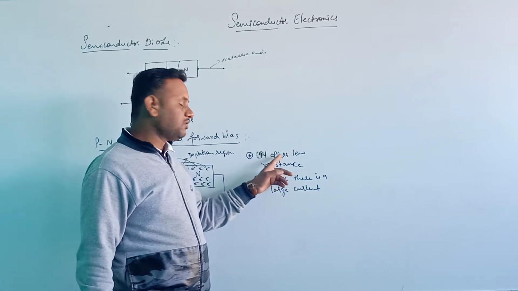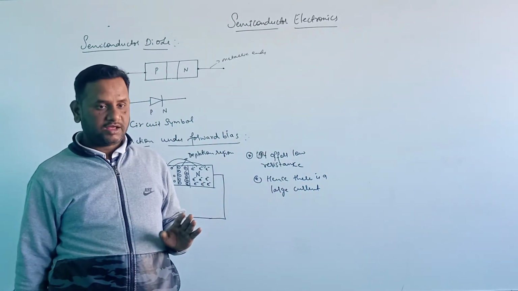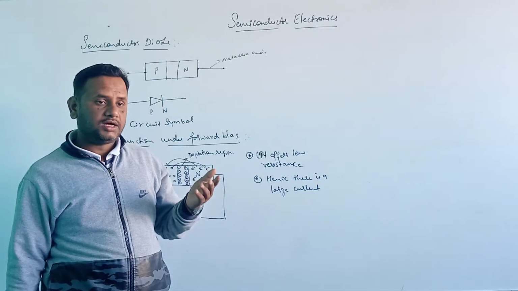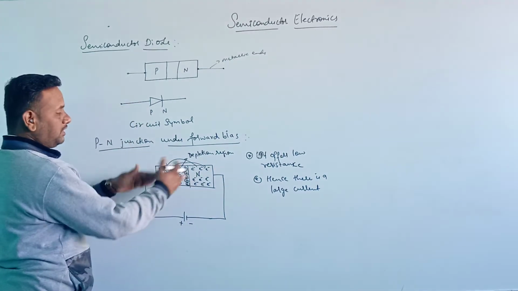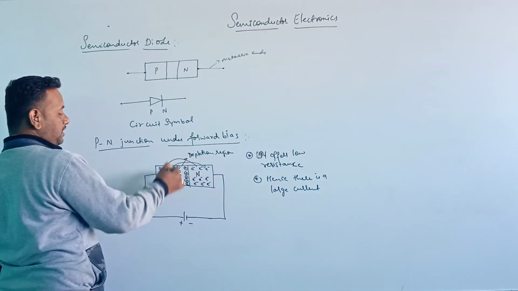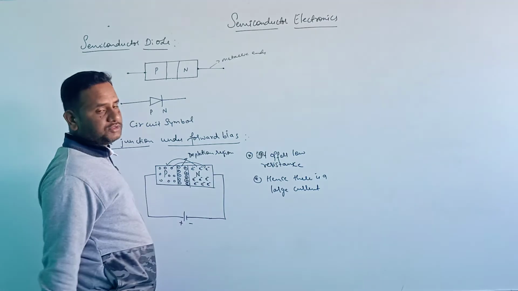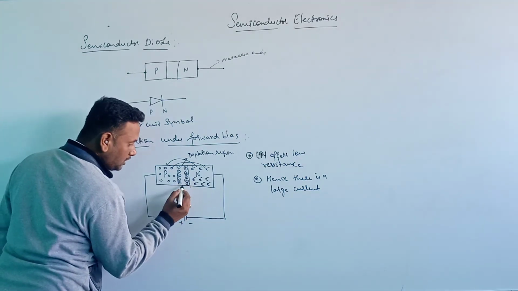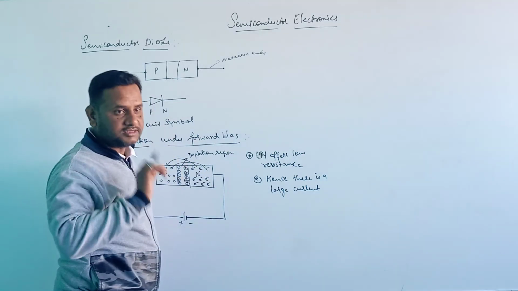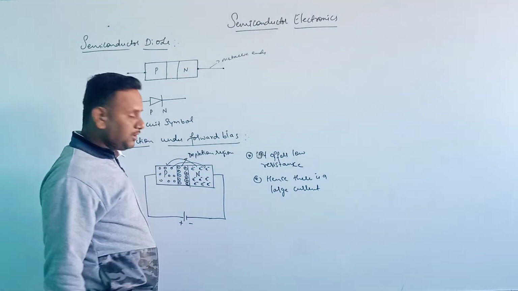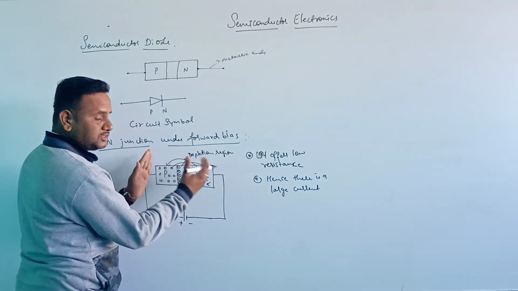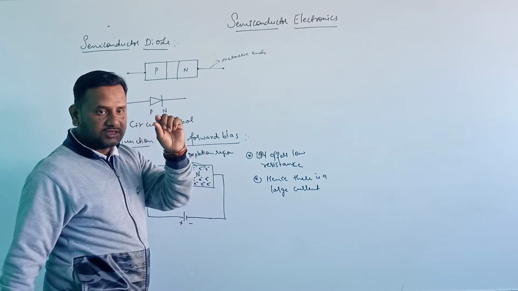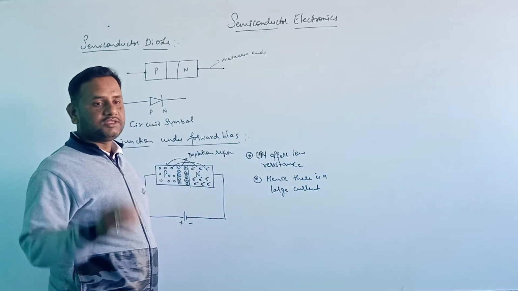Hence it offers low resistance, very low resistance, so the current is large. When electrons diffuse from N region to P region and holes from P region to N region, during this process the width of the depletion region decreases. Charge carriers are moving from both sides, so the depletion region becomes thin and its width reduces.